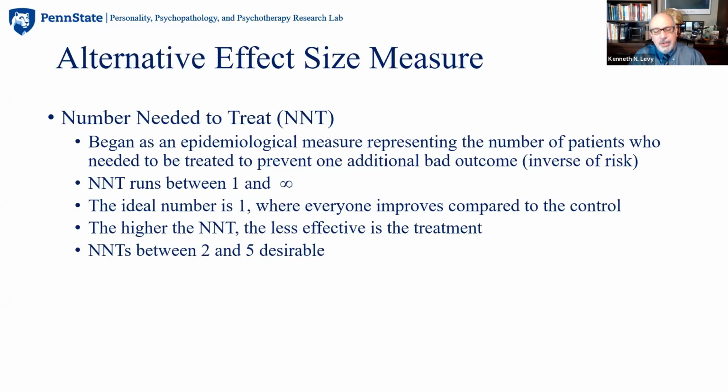And the higher the number needed to treat, the less effective the treatment is. And in psychotherapy studies, we tend to find numbers needed to treat, or this NNT, between 2 and 5. A little bit higher with the more difficult to treat disorders, and lower with the more easily treated disorders.